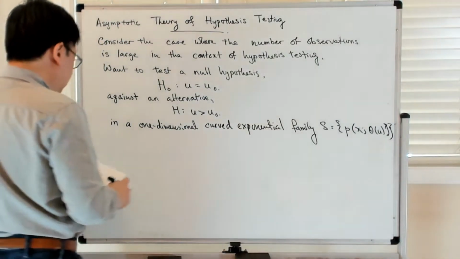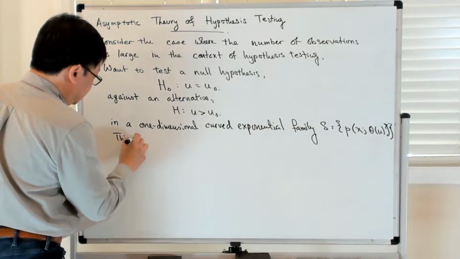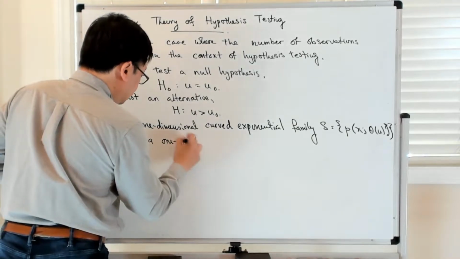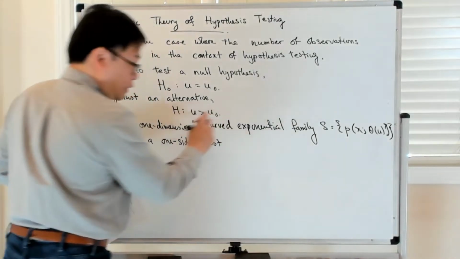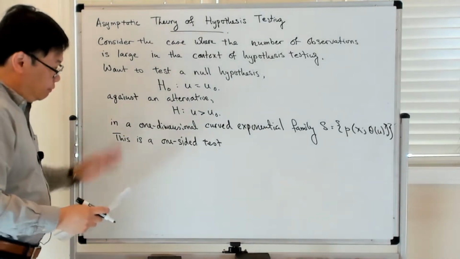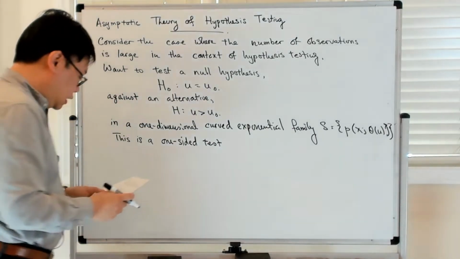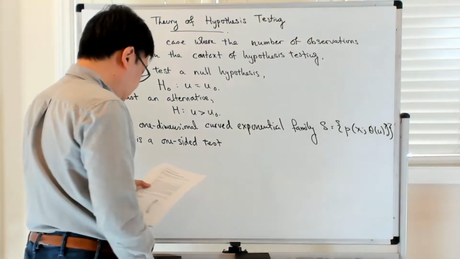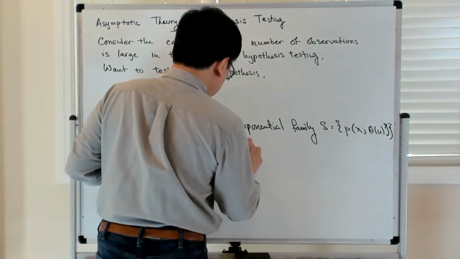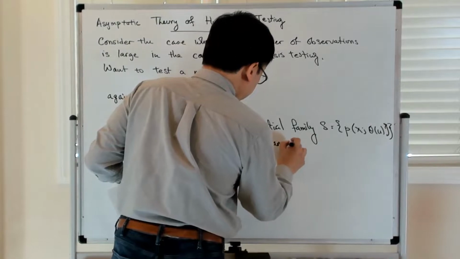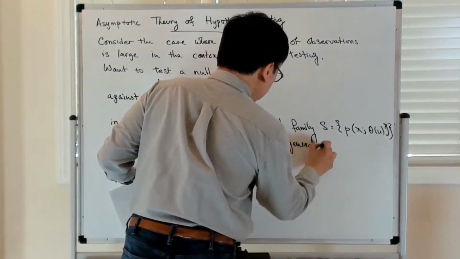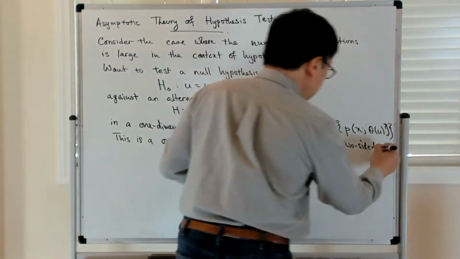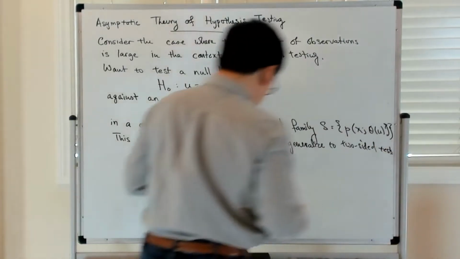Okay, so this is a one-sided test, because we're just looking at this inequality where u is greater than u0. But you can generalize this to two-sided tests as well.